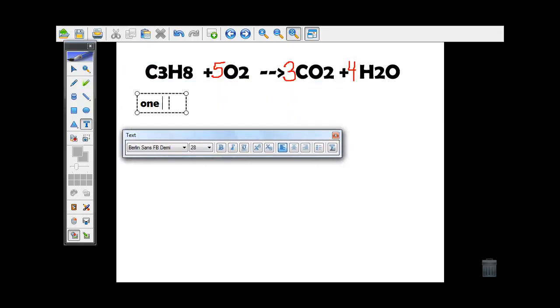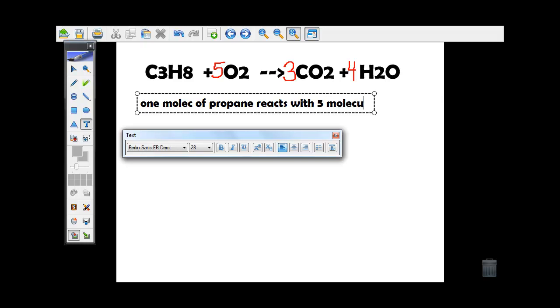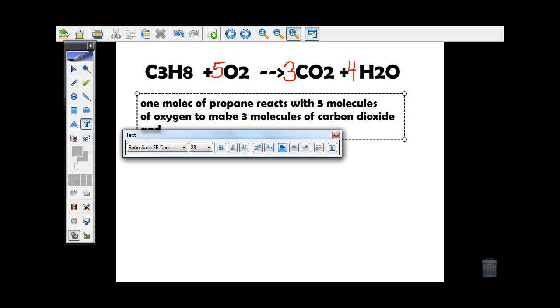This means 1 molecule of propane reacts with 5 molecules of oxygen to make 3 molecules of carbon dioxide and 4 molecules of water. That's what this tells us.